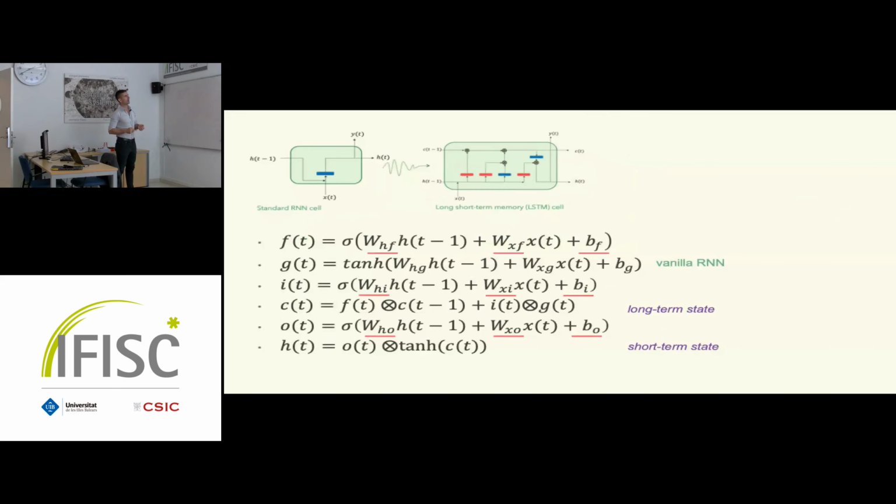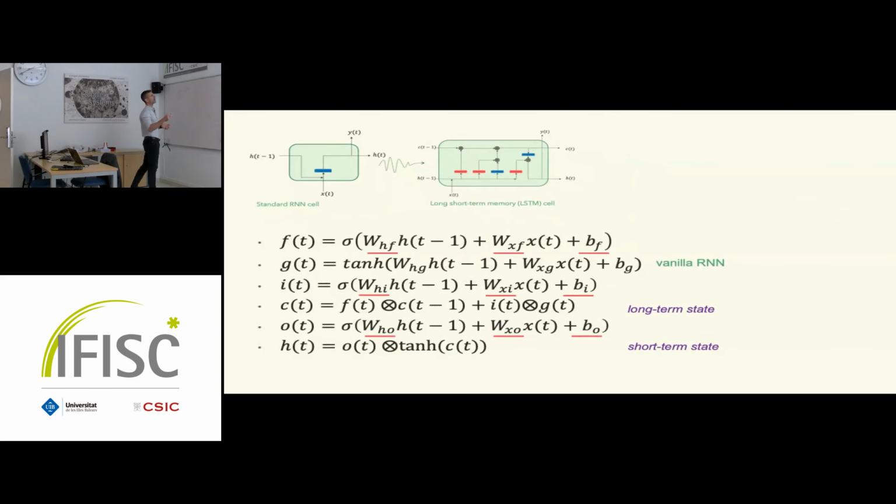Okay, but what is the point now? The point is that we have used long short-term memory networks for a long time, but they increase the amount of computation that you need to do. Remember, we had only one equation for the state transition function. Now we have 6. Before we had only this line, g of t, so we had 1, 2, and 3 guys with trainable parameters.